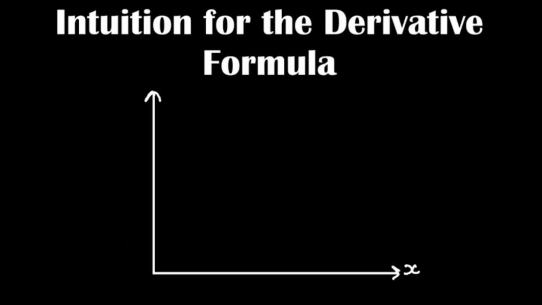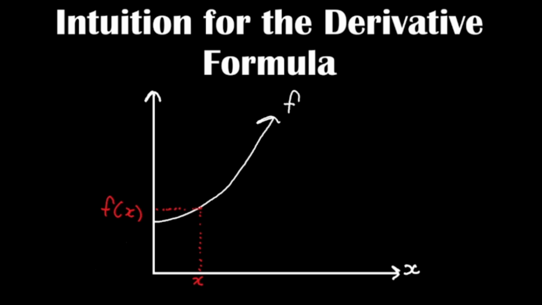Alright, so now I'm going to try and give some intuition for the derivative formula for a function that we just saw. So, let's say this is our function f. Let's say we have some arbitrary x value, and the output value at x for this function is just f of x.